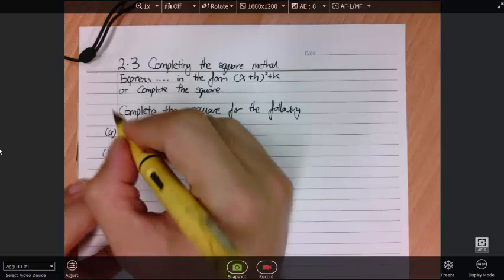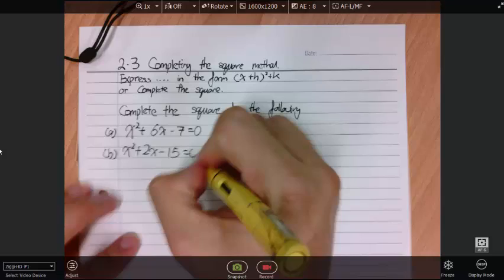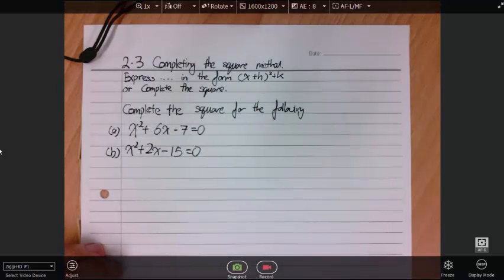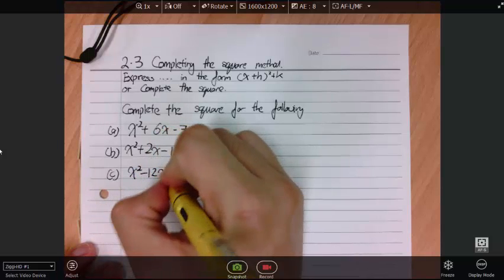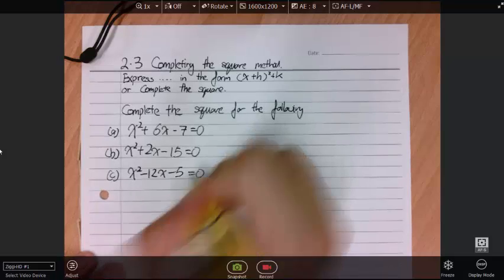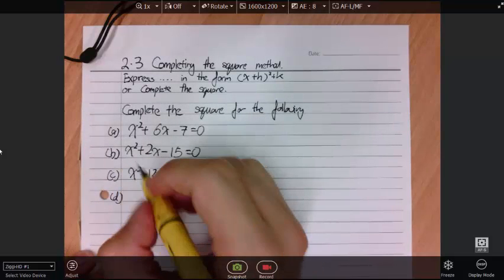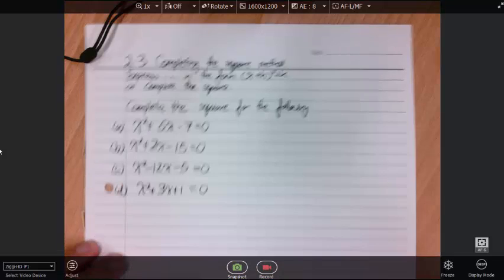Then B, I get x squared plus 2x minus 15 is equals to 0. And I give you a few more. C is x squared minus 12x minus 5 is equals to 0. And D, I get x squared plus 3x plus 1 is equals to 0.